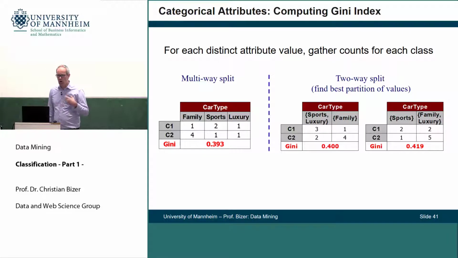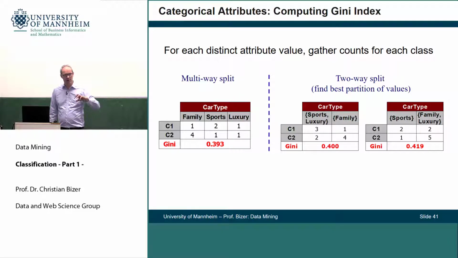This is what we do for nominal and ordinal attributes. If we do a multi-way split, we just calculate one Gini. If we want to do a two-way split and we have multiple values, we do different combinations of the values.